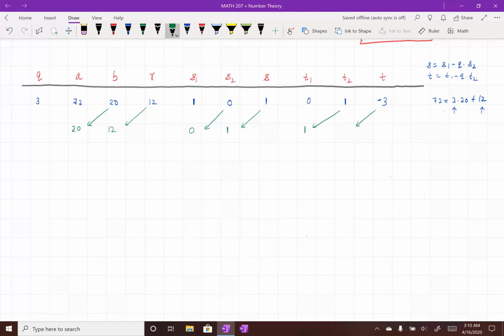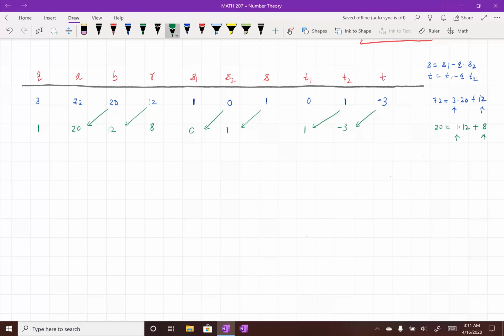The T will become your T2, which is equal to minus 3. All other values you can obtain based on your procedure. Since your values of A and B are 20 and 12, 20 can be written as 1 times 12 plus 8. So the quotient here is 1 and the remainder is 8.